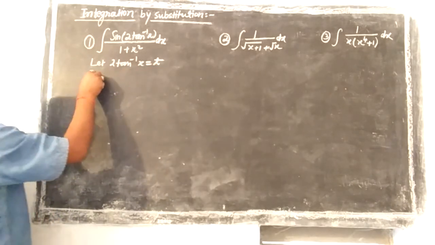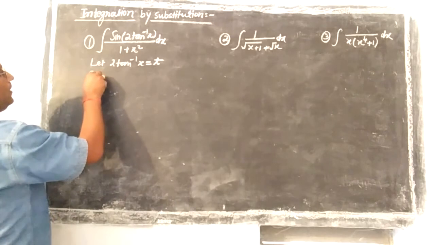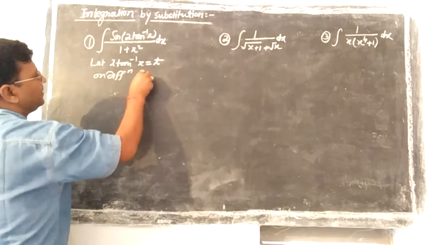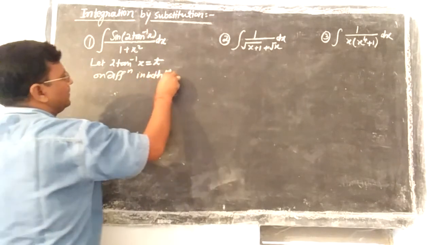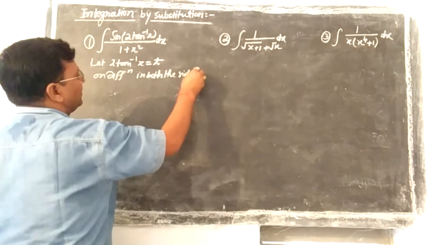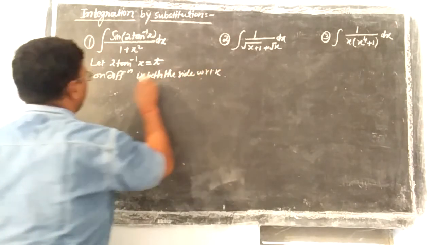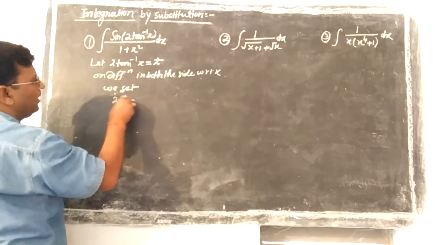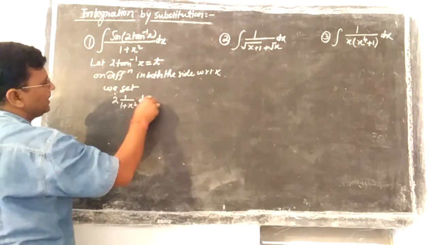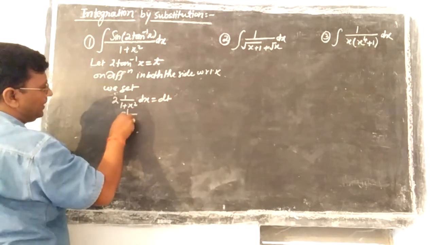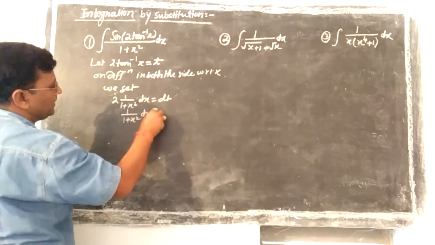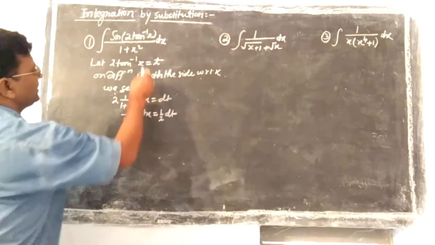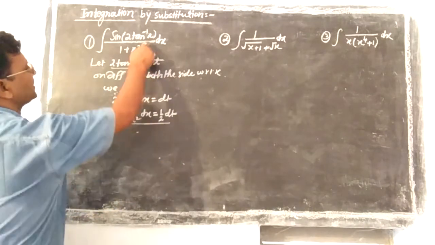On differentiating in both the sides with respect to x, we get 2 times 1/(1 plus x square) dx is equal to dt, and 1/(1 plus x square) dx is equal to 1 by 2 dt. Now we have to substitute this value and this value in the given question.